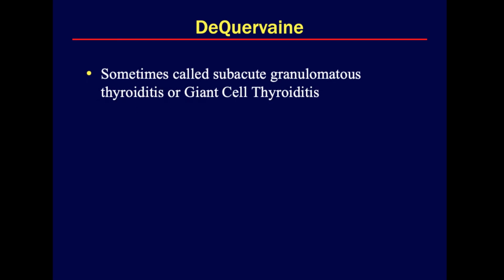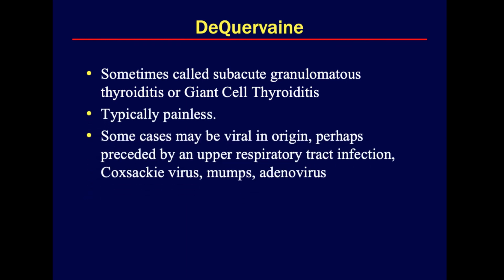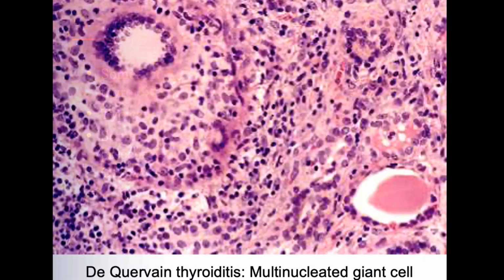Sometimes this is called subacute granulomatous thyroiditis or giant cell thyroiditis, typically painless. Some cases could be viral in origin. So for instance, somebody has an upper respiratory infection and then all of a sudden their thyroid is swollen and they have some hypothyroid symptoms. And then this is looking at a biopsy of the thyroid with this de Quervain thyroiditis.